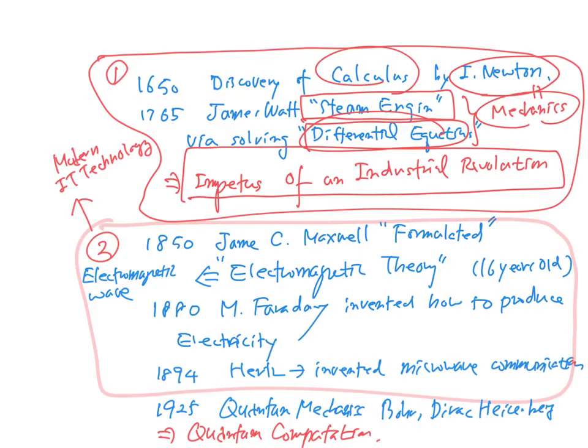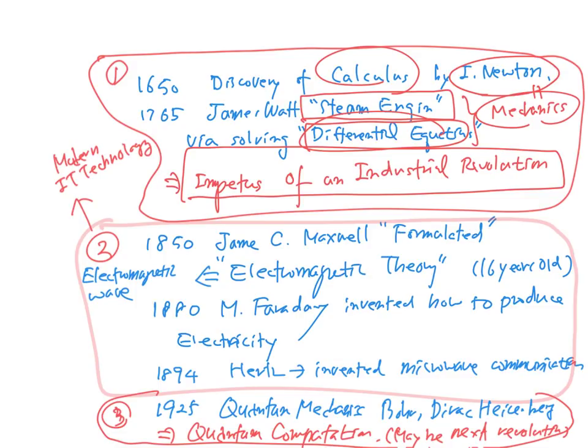Will be maybe next revolution, maybe. So this may be phase 3 in the history. So over the period of 400 years, starting... there's a little history, and we can actually trace back.